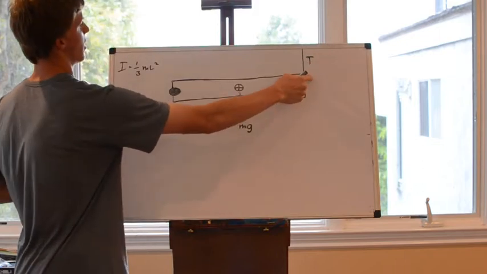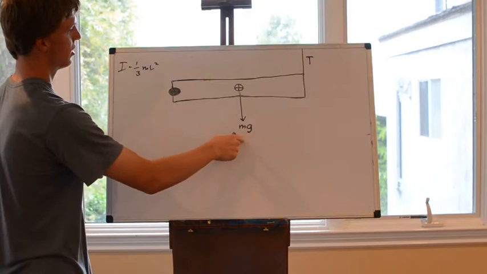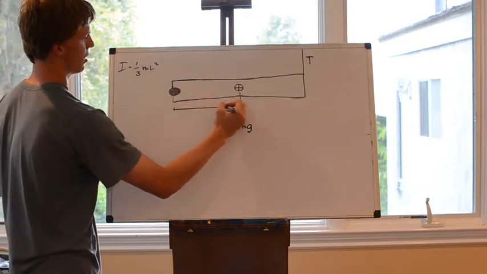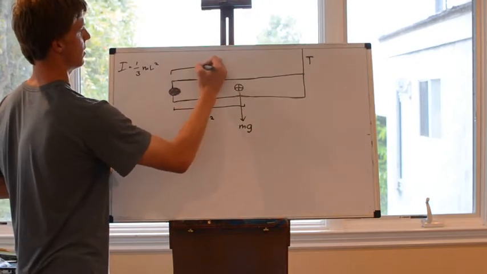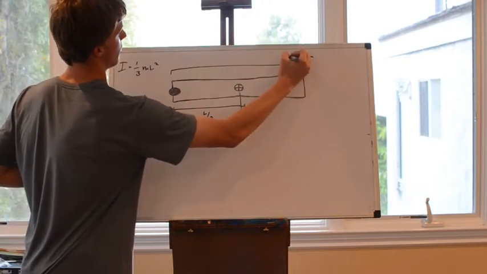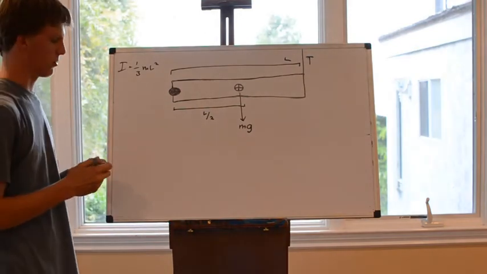So it's applying its force on the very end of the rod, and this is applying it to the center. So this will be L/2. This will be length. And we're going to use this for a later part in the problem.